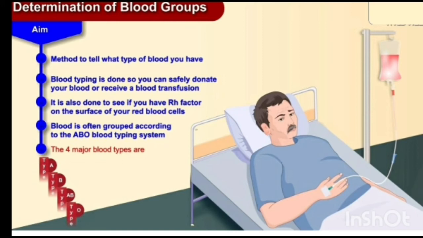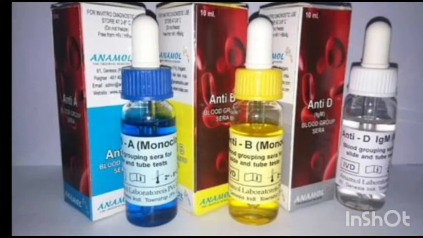Then it is also done to see if you have Rh factor on the surface of your red blood cells. Then blood is often grouped according to the ABO blood group typing system. So there are 4 major types of blood groups: A, B, AB and O.